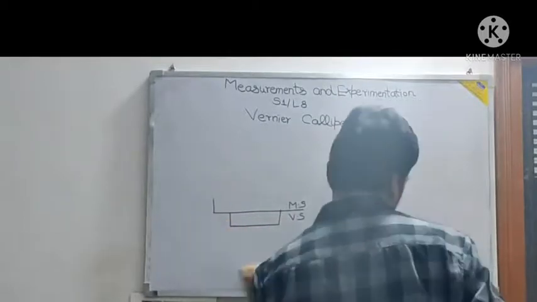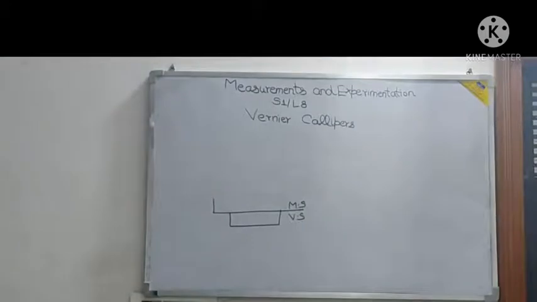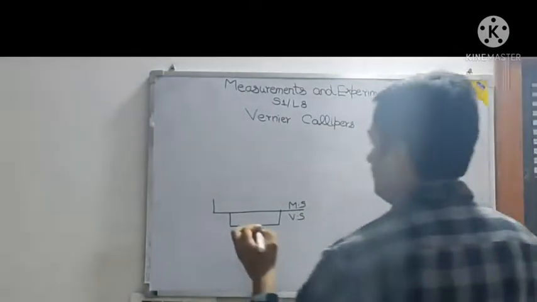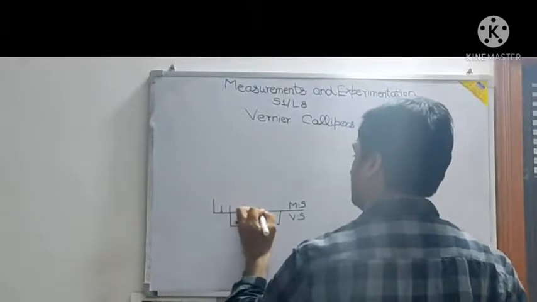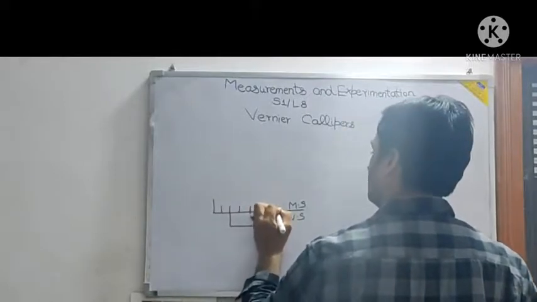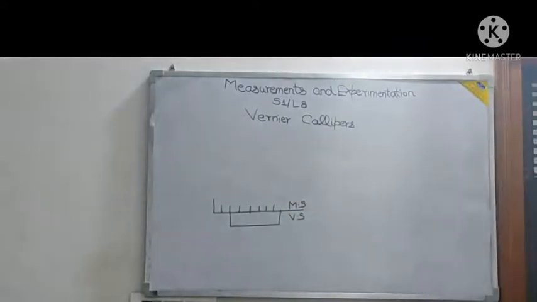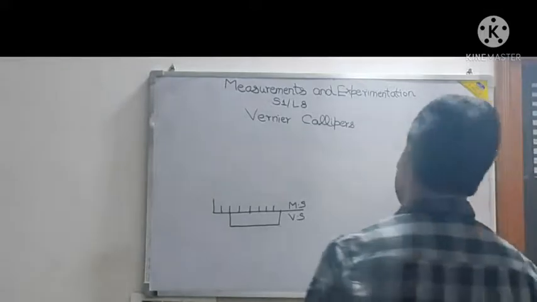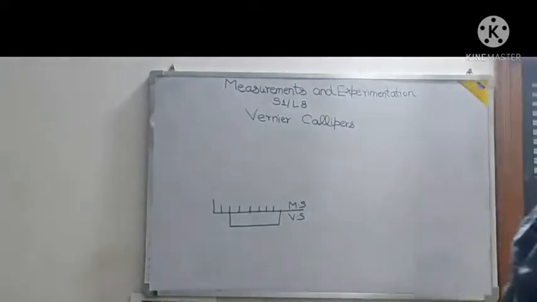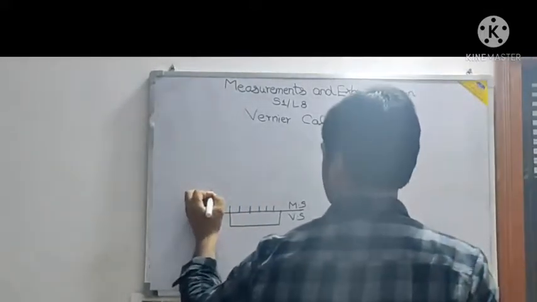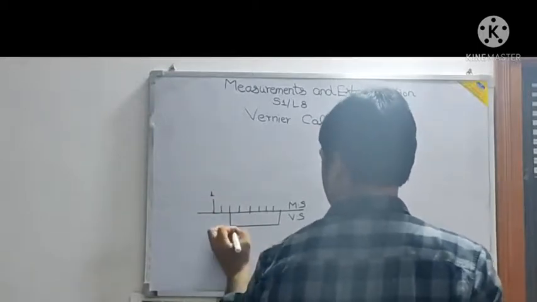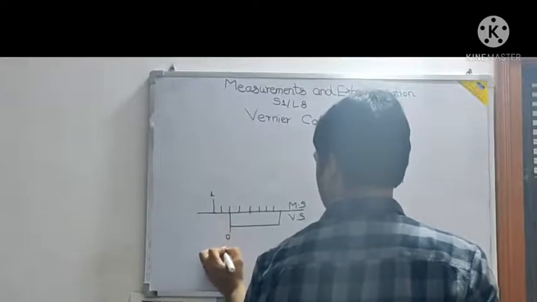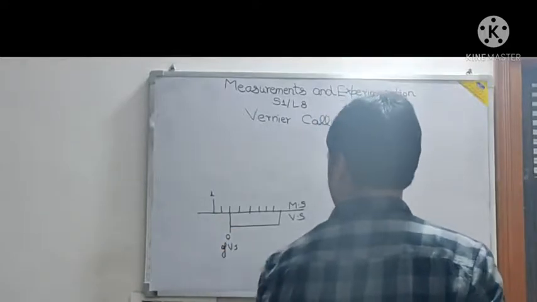Here is a vernier scale. Divisions are there. Okay, like this. Now suppose it is 1 centimeter. I am taking a part of it. Suppose this is 1. Then there are divisions. This is your 0 of the vernier scale.